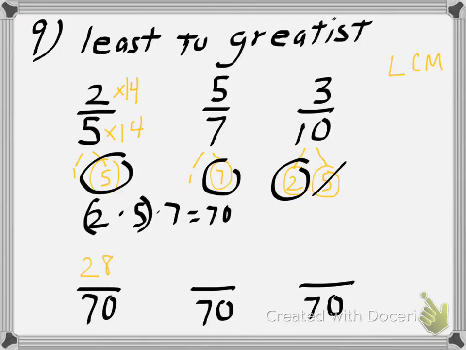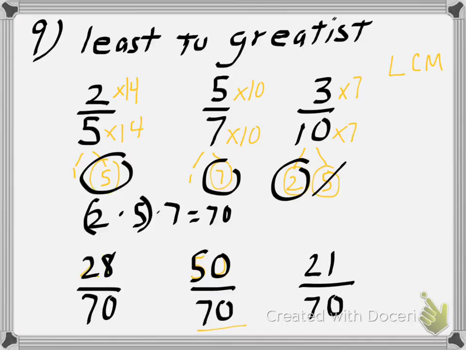So that would be 28 70ths. Then I'm going to go over here to our next one, 7. 7 times 10 equals our 70. So 5 times 10 gives us 50. So we have 50 70ths. And finally, 10 times 7, so whatever we do to one, we do to the others. 7 times 3 is 21.